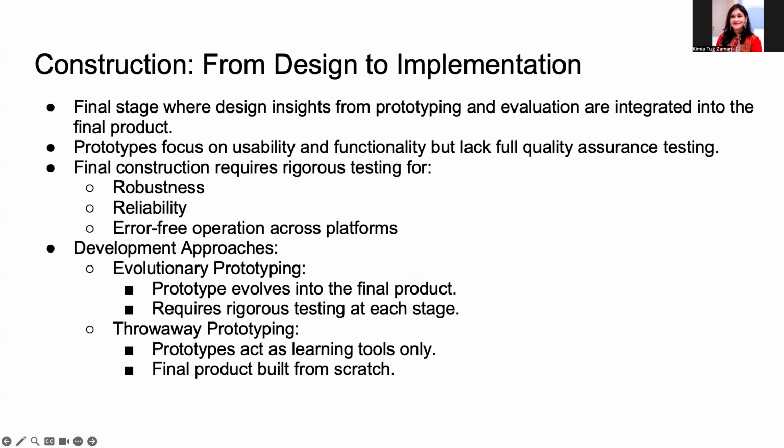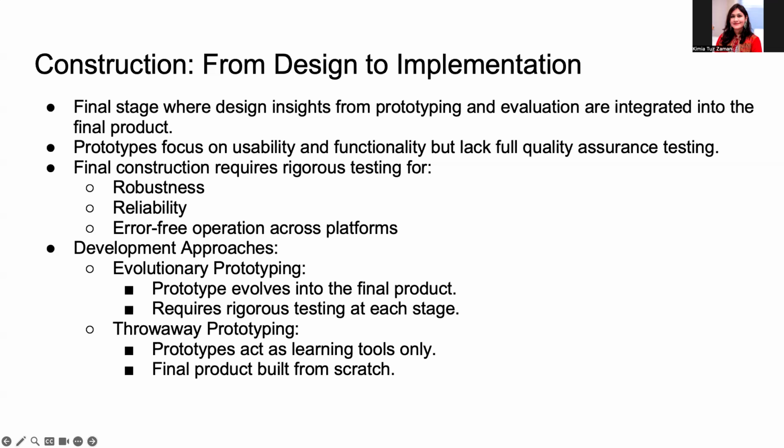Now, once a design has gone through sufficient iterations of prototyping and evaluation, the next step is construction, turning the refined design into a fully functional product. At this stage, all lessons gathered from user testing and feedback are consolidated to create a stable system ready for deployment. While prototypes are valuable for exploring usability and interaction, they are not engineered for robustness.